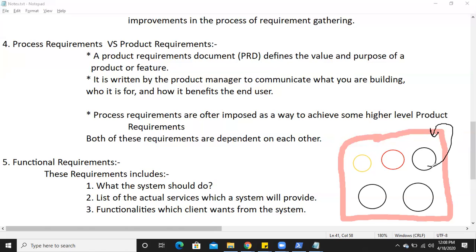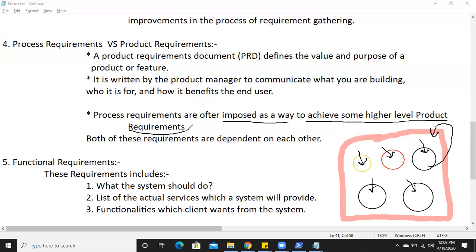Process requirements are just a sub part of any product, because a product will contain different types of processes, like front end development, backend development, API development, database management systems, database designing. All these kinds are basically processes.